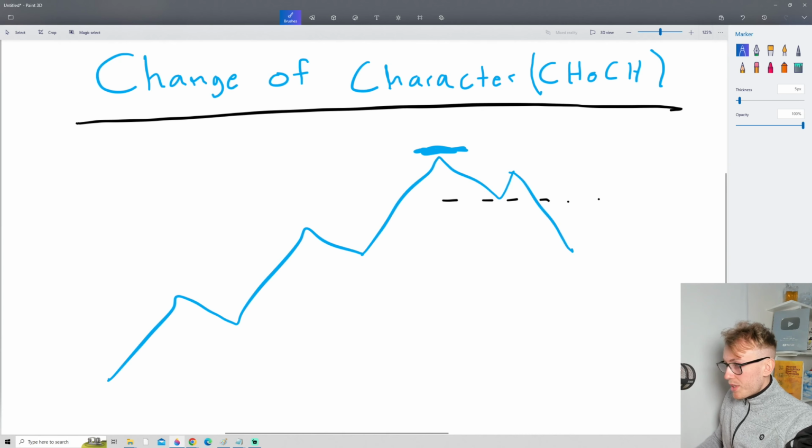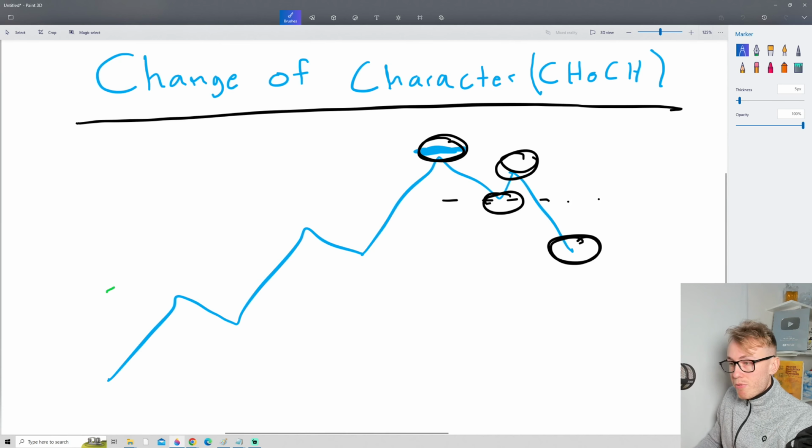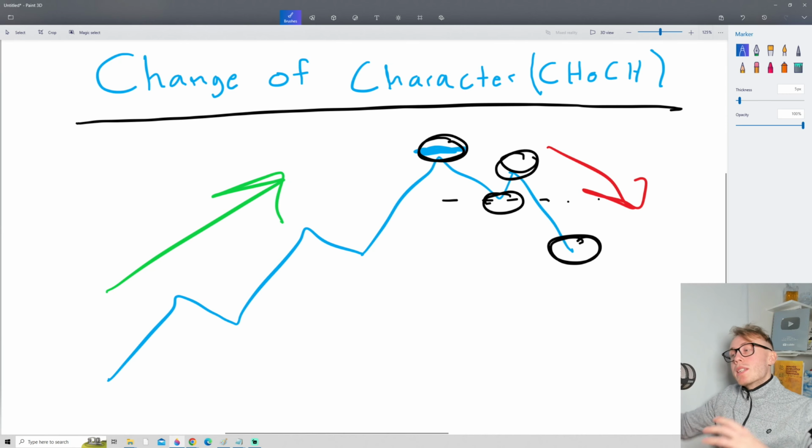What you can now see is that we have one high and then a lower high, but we also have one low and then a lower low. So in this case, we have actually changed from an uptrend to a downtrend. And this right here is what I call a true change of character. The other thing I showed earlier you can see as a weak change of character.